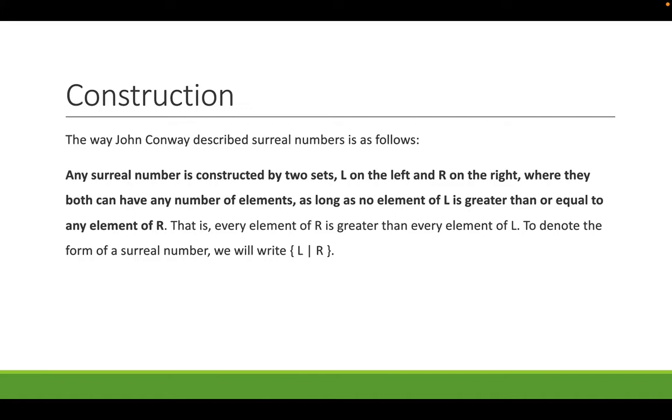Any surreal number is constructed by two sets, L on the left and R on the right, where both can have any number of elements, including 0, as long as no element of L is greater than or equal to any element of R. We'll see later that this means every element of R is greater than every element of L. But for now we don't know what that means.